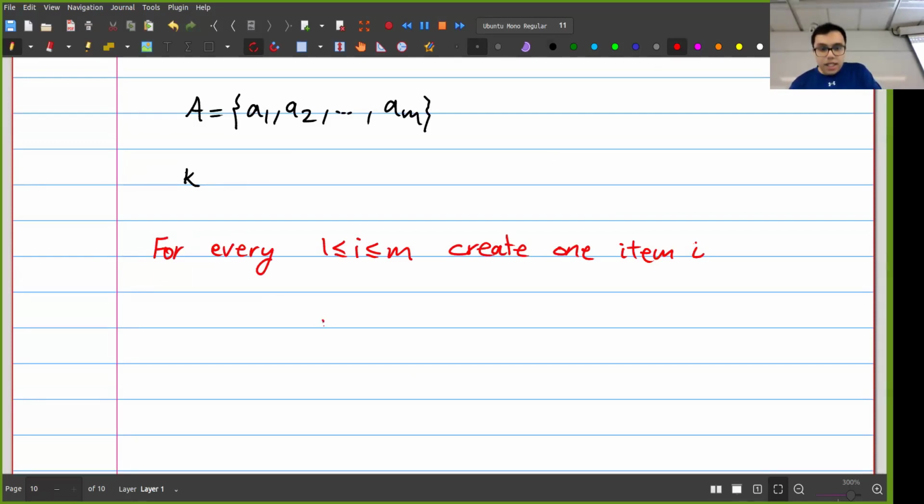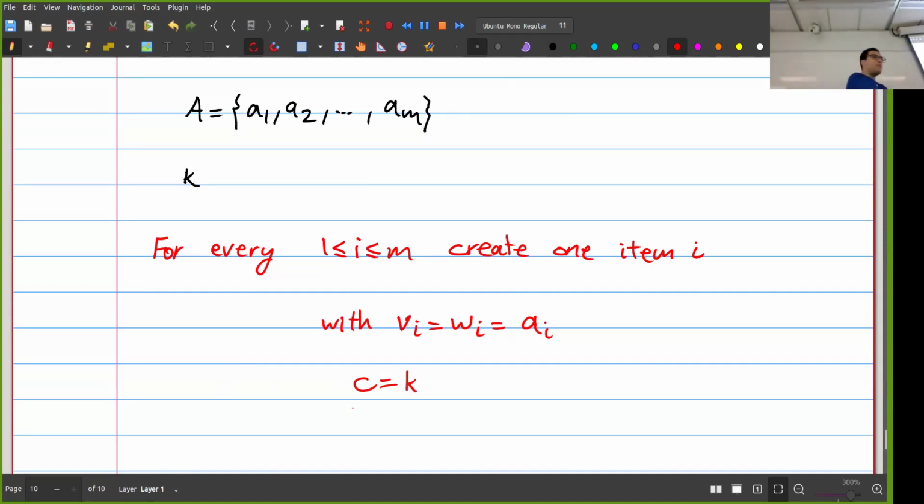So I'm going to say the value of this item is equal to its weight is equal to the number that I had in my subset sum problem. And then I also say that my knapsack size is equal to K. I also set C equal to K. And K is also K, of course. That's why I didn't even introduce a new variable there.